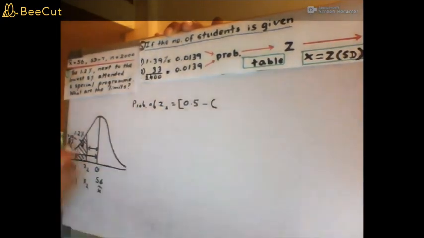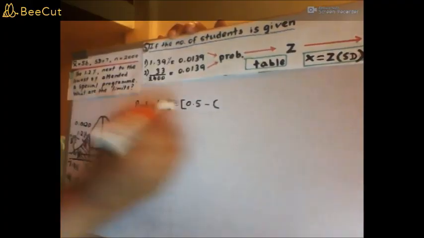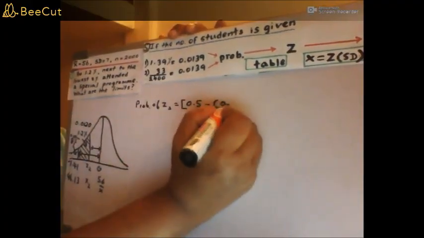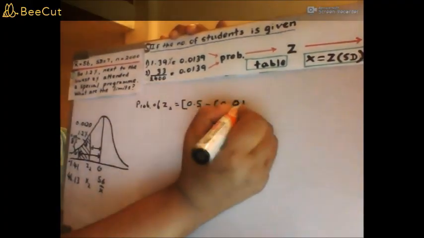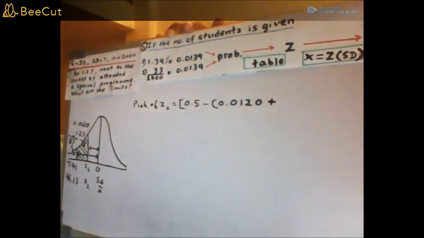Now what is that whole area? We have to add these two. What is the probability of 1.2? 0.0120, right? So 0.0120 plus 0.08.